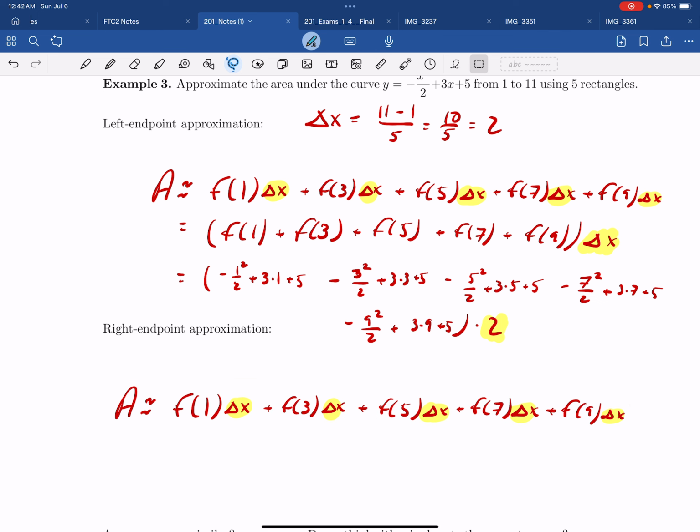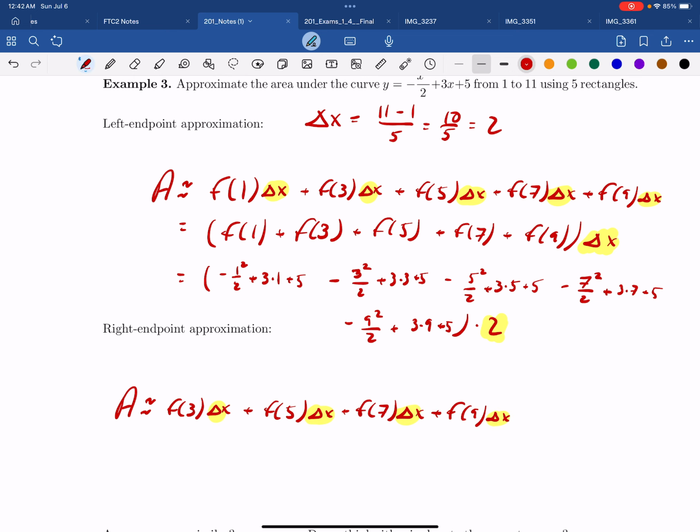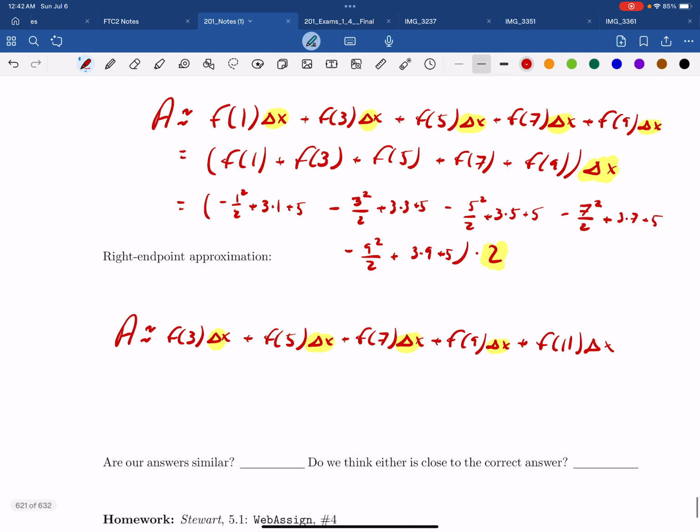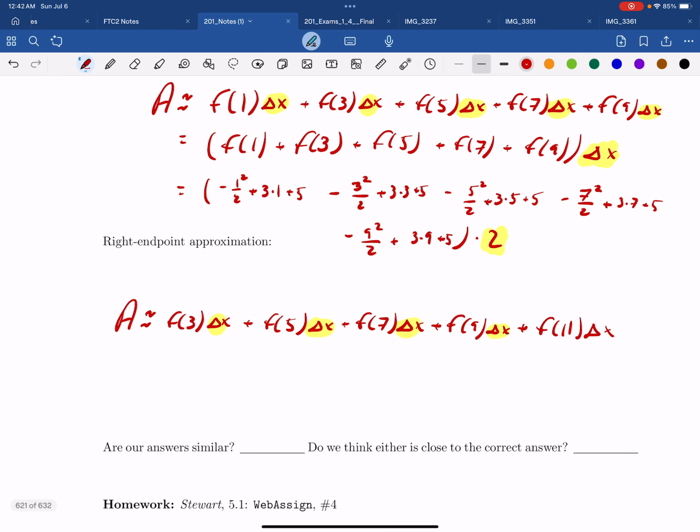The only difference is that instead of this first term, I'm going to replace that with the last term, right? Of course, really what I'm going to do is f of 3 plus blah, blah, blah, blah. You get it. Plus f of 11, times delta x. Okay?